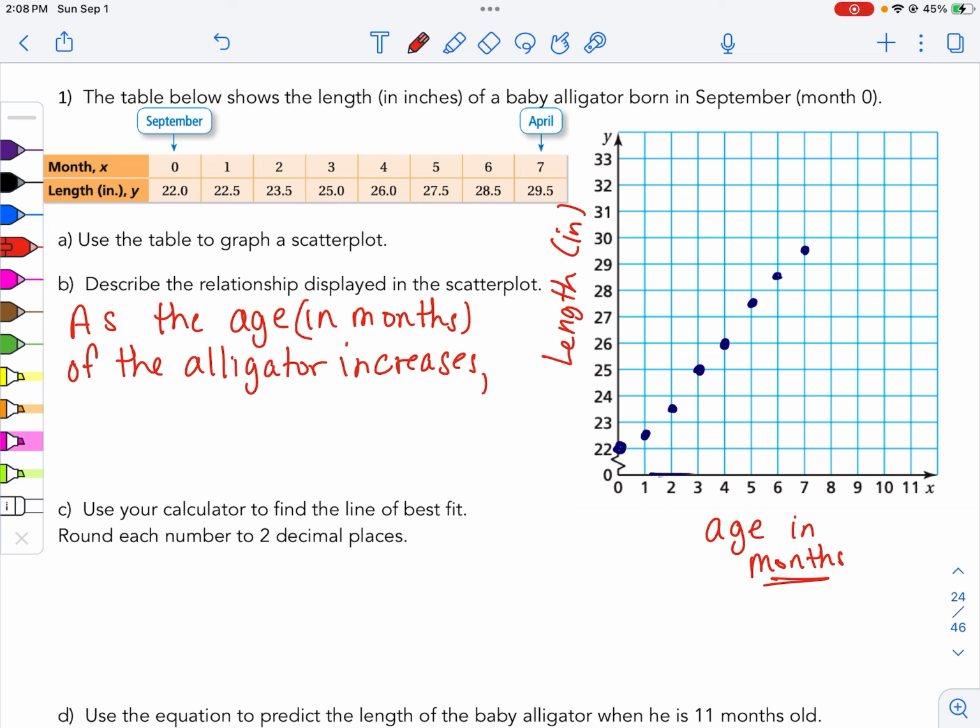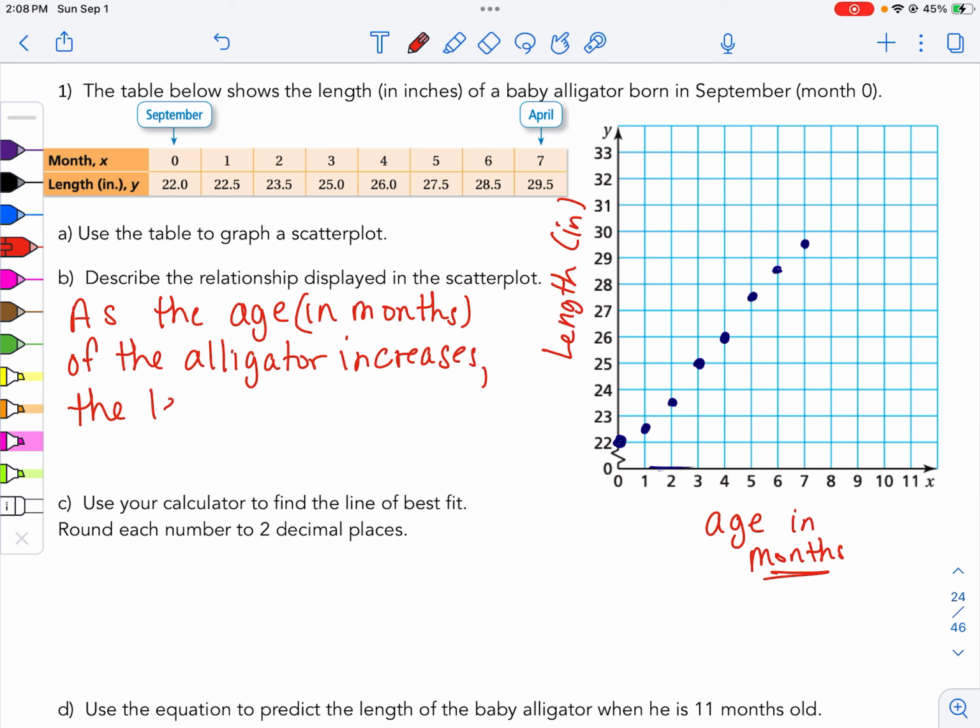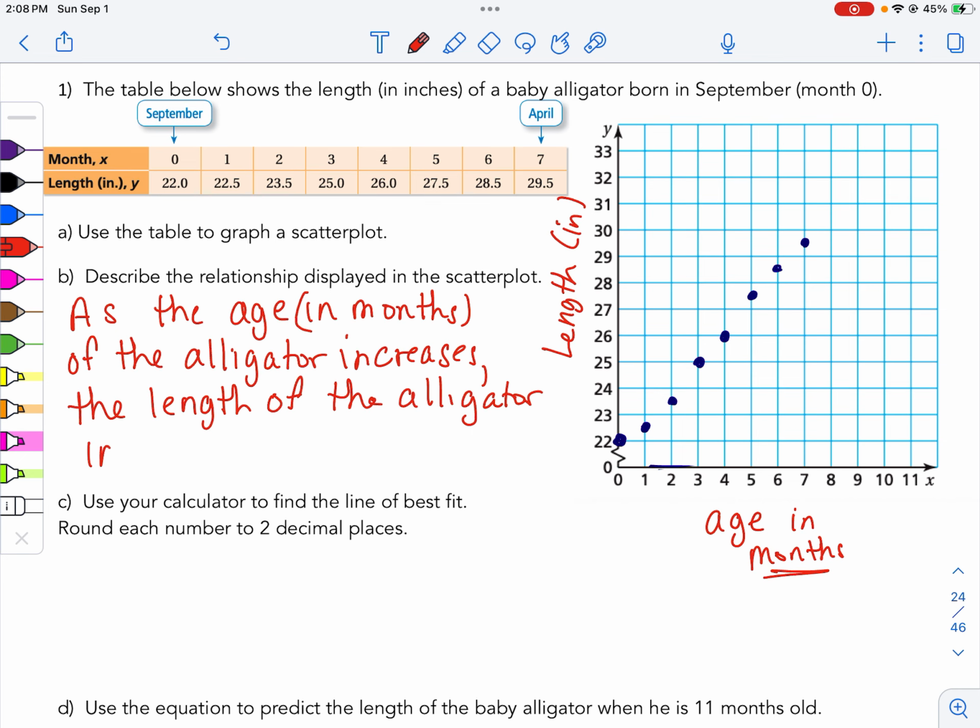Okay, what happens to the y values? Well, first of all, it looks pretty close to a straight line. It's not exact. And what's happening to the y values? The y values are all going up. So we're not going to say the y values, we're going to say the length of the alligator, because that's what the y values are talking about. And what do those y values do? They increase.